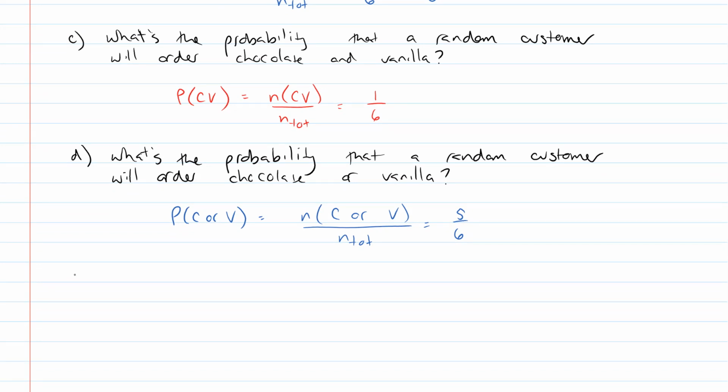And then we get to the annoying part, which is part E, which is calculate part D again using a different method.